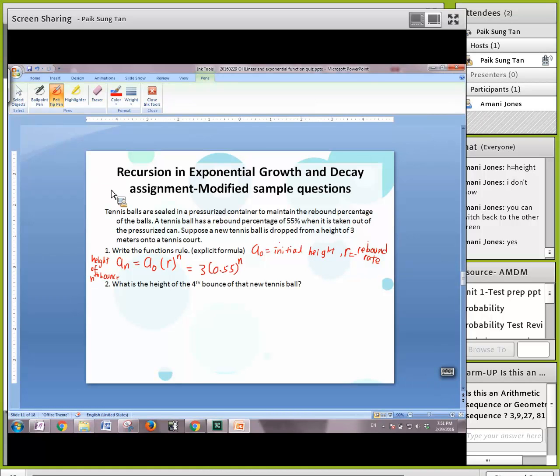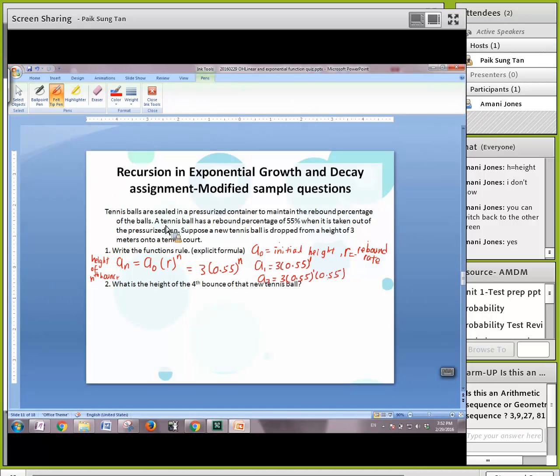I know after I drop it one time, when n is equal to 1, I do 3 times 0.55, because that's how I calculate the height of the first bounce. So now I know I need to use n equal to 1 there. When I do the second bounce, I use the previous number and multiply by 0.55 again.